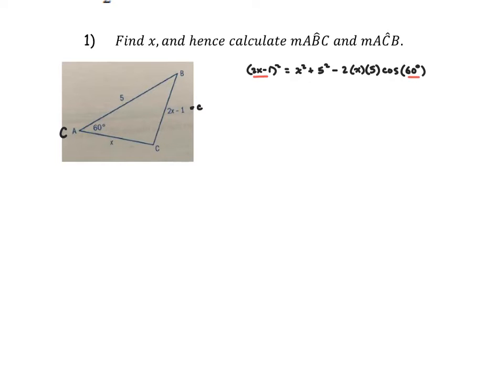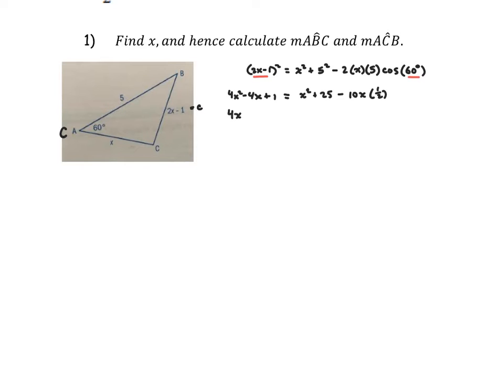Okay, so let's see if we can solve for x, because now we have everything in terms of just x. All right, so that left side would be 4x squared minus 4x plus 1. The right side would be x squared plus 25 minus 10x cosine, how about the cosine of 60? Well, the cosine of 60 is a half.